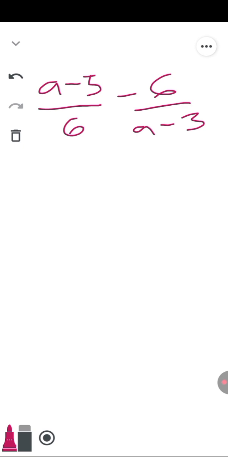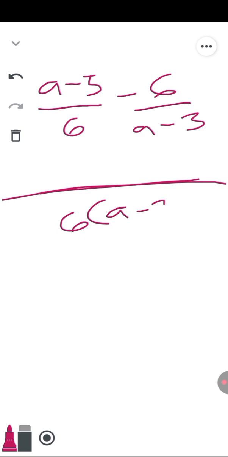Okay, so the common denominator will be what? You multiply the two together. You can guess. That'll be 6 into (a minus 3). You multiply, right? 6 times (a minus 3). You get that?